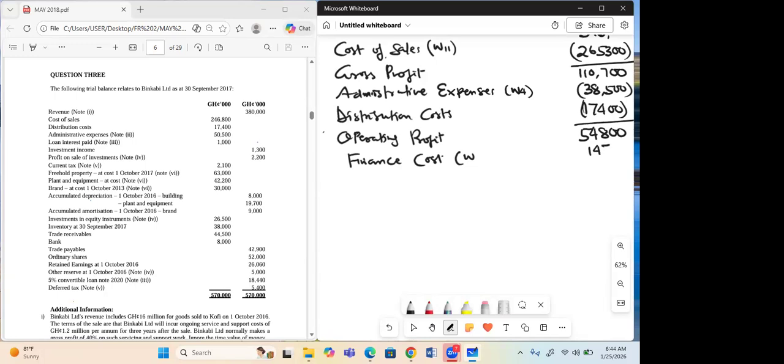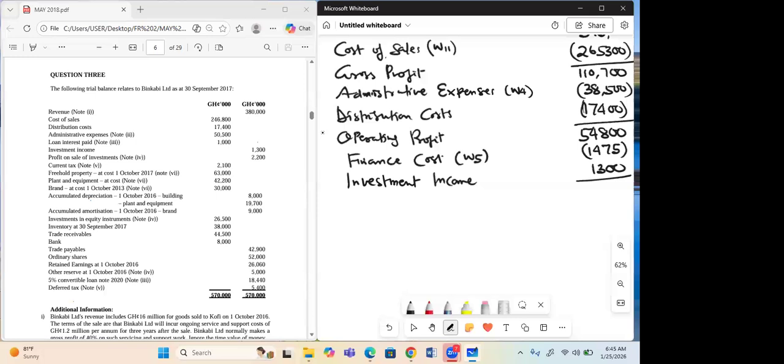The total of all is 1475. He paid 1,000, but the total is what we take. Finance cost. Is there any investment income? Check the trial balance. Yes, there is investment income of 1,300, right? Yes, sir. We'll add it to it.